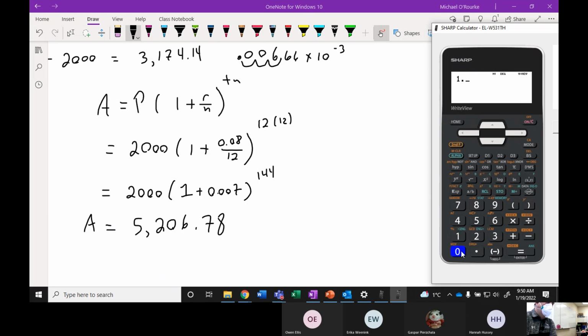But 1.006 to the power of 144 times 2,000. If you would have rounded up, 1.007 to the power of 144 times 2,000, you would have got closer, right?